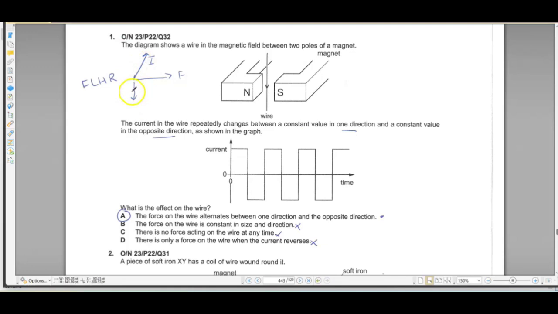As the direction of the current reverses, the force is going to be in the upward direction. The force is always changed when the direction of the current is changed.